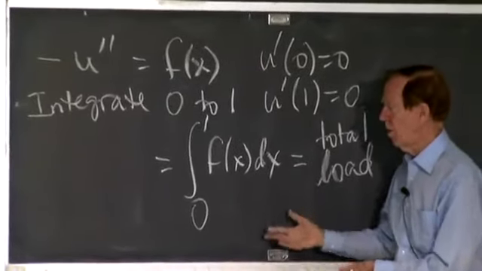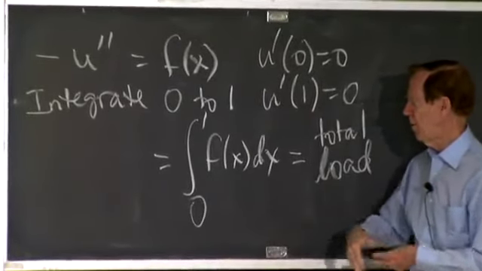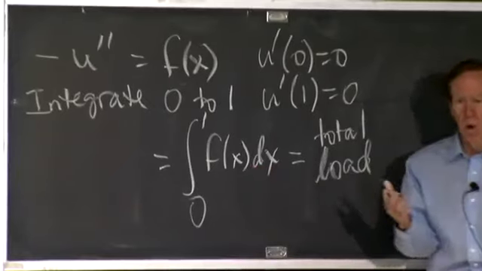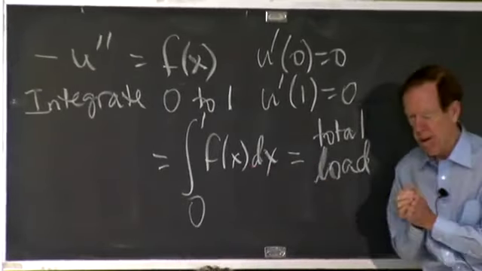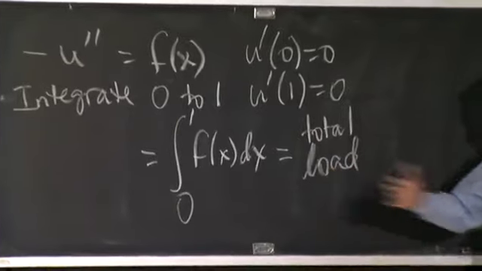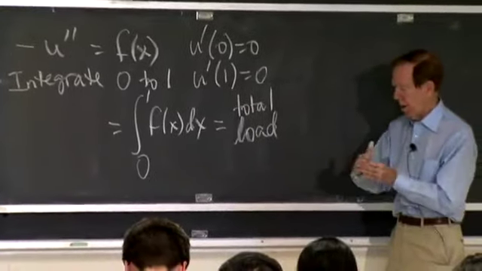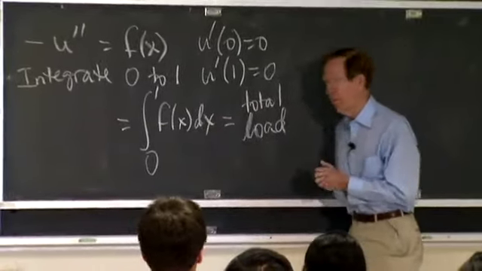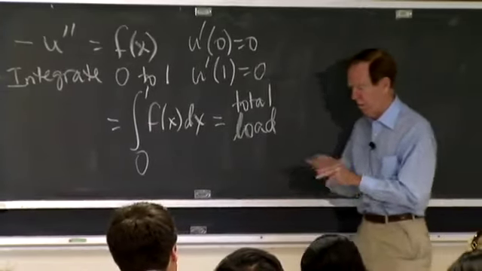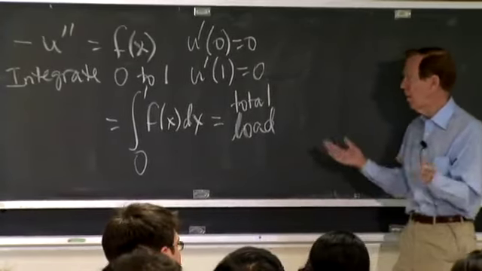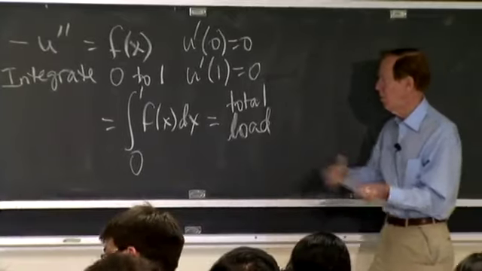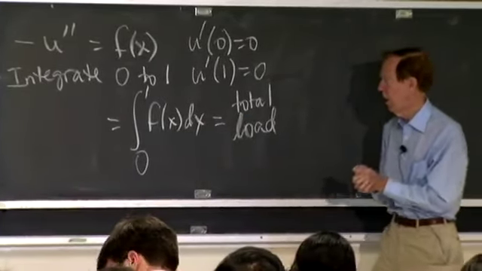If it was a delta function, the total load would be 1, and it would be all in one spot. If it was uniformly over the whole interval, well, I guess that would also integrate to 1. So the total load would be 1 spread out. But it could be a mixture of the two, could be a few delta functions, whatever.